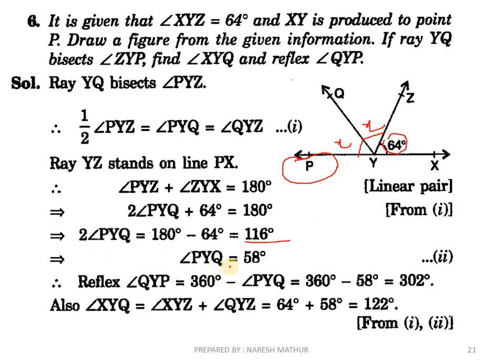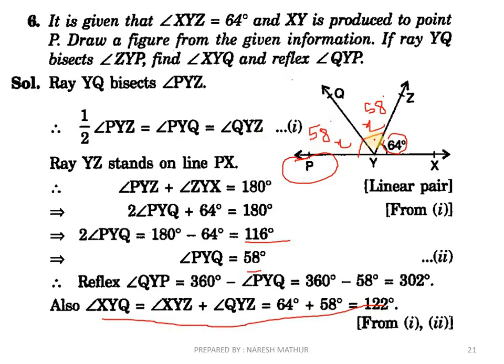So the angle PYQ equals 58 degree. Alright. So if this angle is 58 degree, we need to find angle XYQ. So we can just add 58 plus 64 so that we can get the value of XYQ, that is 122 degree.